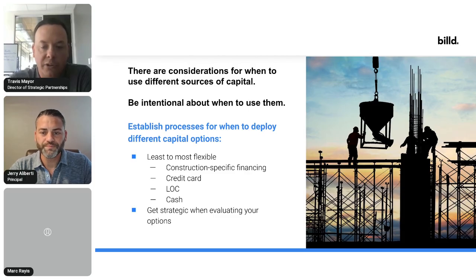Material purchases with certain suppliers, vendors, manufacturers that offer a decent discount for early pay, right? Or you have the ability to negotiate those discounts. Project contracts over a certain amount or a certain percentage based on your revenue.